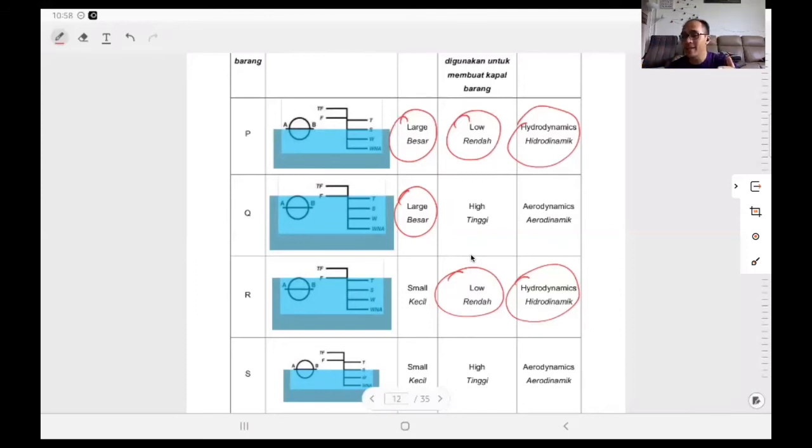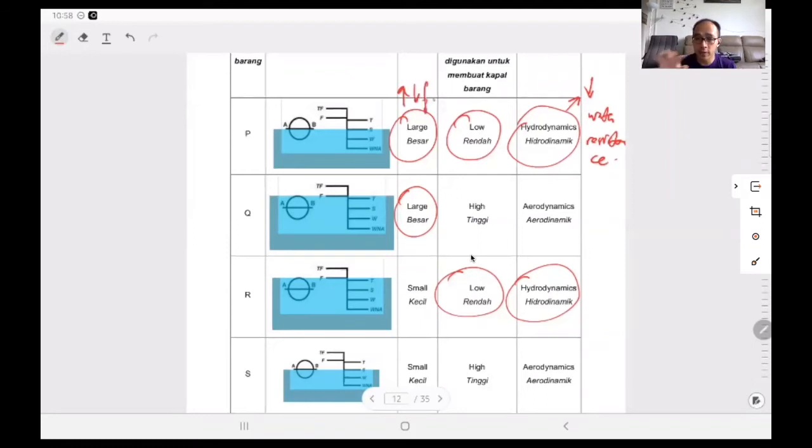Hydrodynamic is in water. The reason is always the same, to decrease water resistance. Sorry, my handwriting. Okay, low density so that the boat will be lighter, large volume so that you have bigger buoyant force. Okay, this is the standard one.